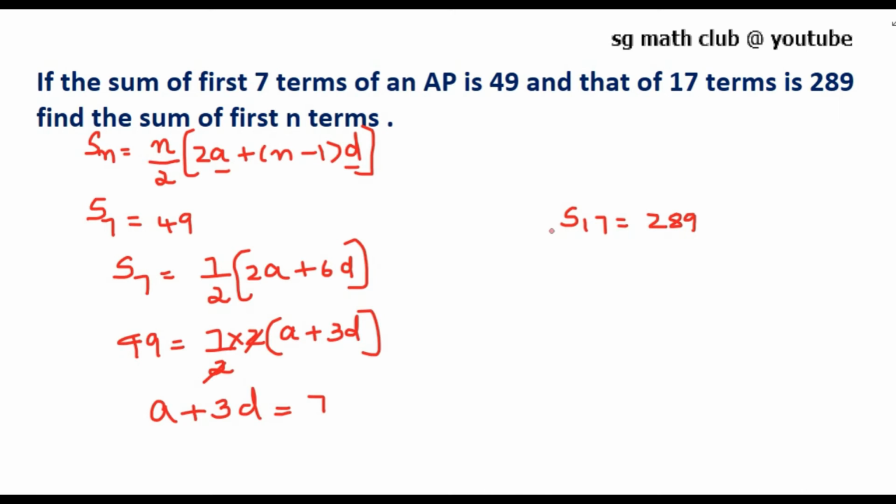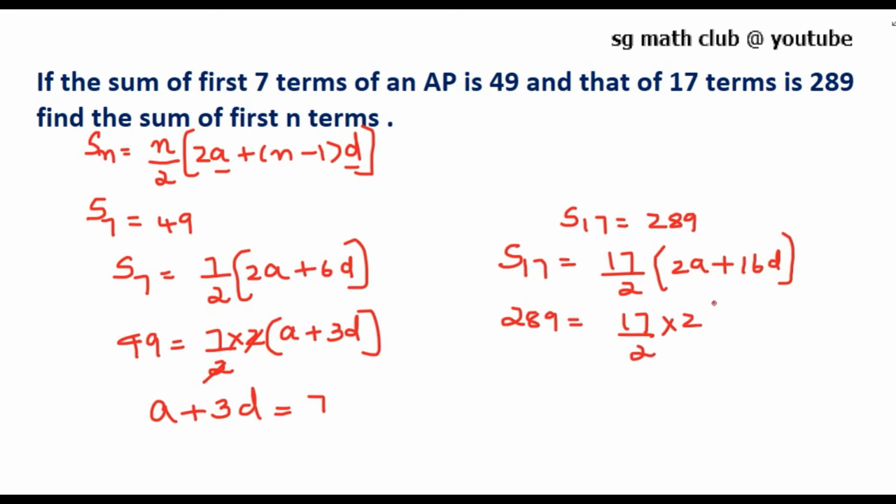The same way we can find out the next equation, S17 equal to 17 by 2 into 2a plus 16d. S17 they have given 289 equal to 17 by 2, take 2 outside, so I have a plus 8d.